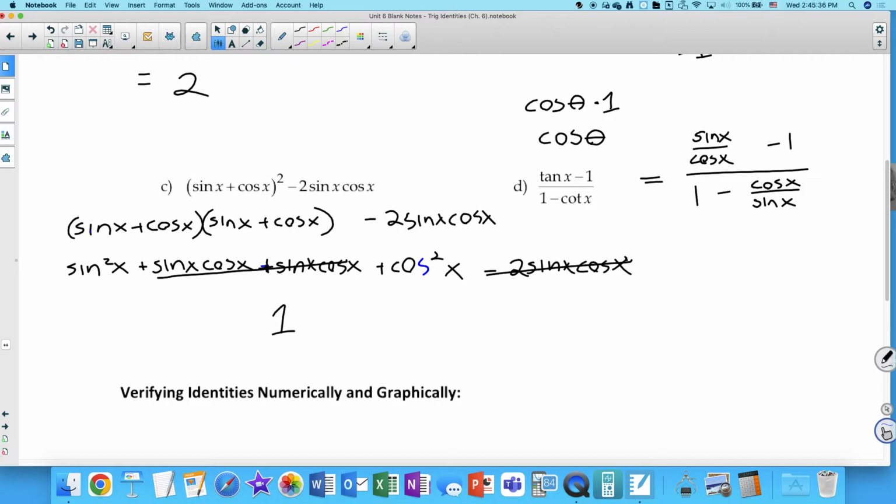Okay, we can't cancel because nothing's factored. We got some messy looking fractions there. Any ideas? Think of this as like 1 over 1.